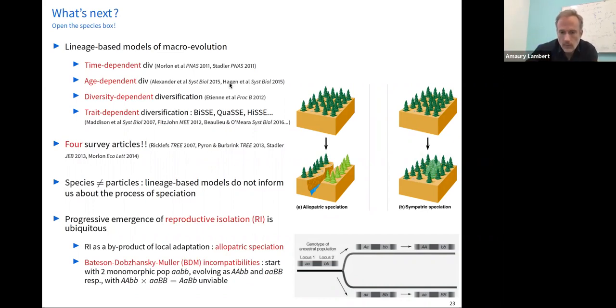And as time evolves, the first population sees a mutation from small a to capital A in some individual, and maybe because of local adaptation, this big A allele will go to fixation until everybody is homozygous at this locus, big A. And the same occurs at locus 2 in the second population.